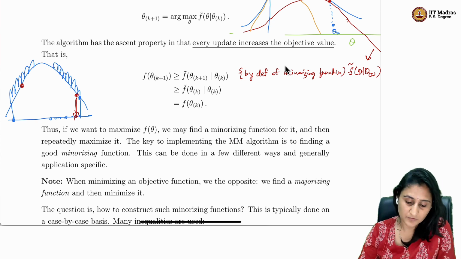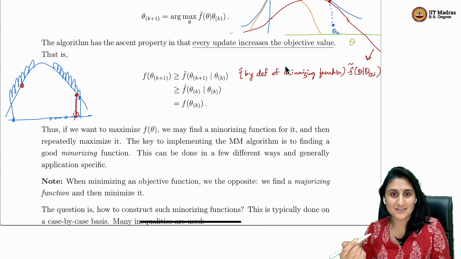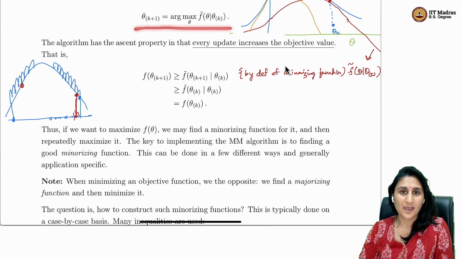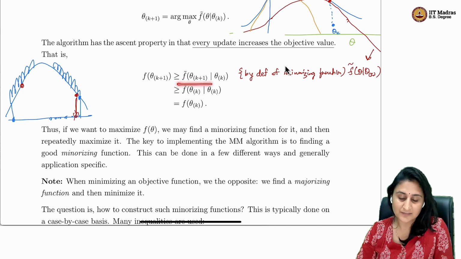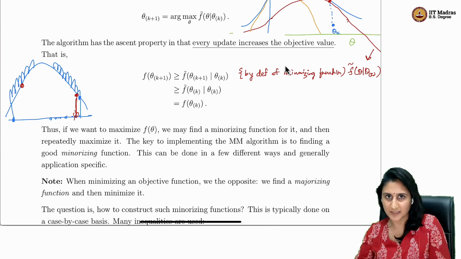Now, the other thing we note is that f tilde theta k plus 1 is actually obtained by maximizing f tilde theta given theta k, right? That's how theta k plus 1 was obtained, which means f tilde theta k plus 1 given theta k is definitely greater than or equal to f tilde everywhere else, which includes theta k.